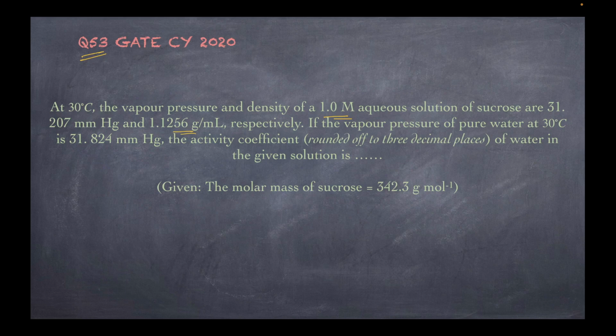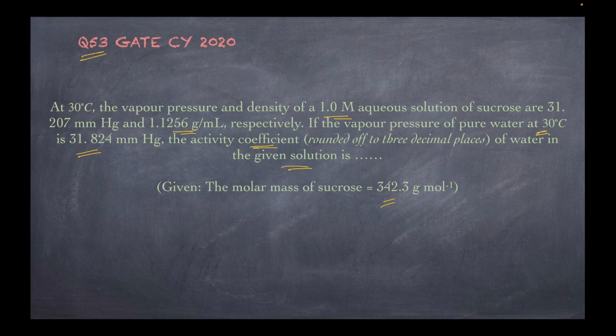The vapor pressure of pure water at 30 degrees centigrade is also given, 31.824 mm Hg, and we have to find the activity coefficient of water in the given solution. The molar mass of sucrose is also given, 342.3 gram per mole.